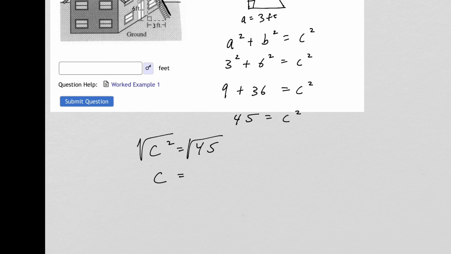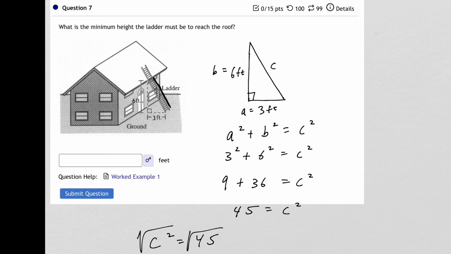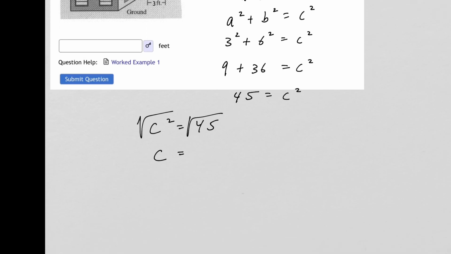So I want the square root of 45. Let's see, I plugged it in. I'm going to get 6 point, what do they want us to round it to? Let me see. It doesn't say for rounding. Okay, let's round it to the nearest hundredth of a foot. So we're getting c equals 6.708. So if I round this to the nearest hundredth, it's a 0 here.